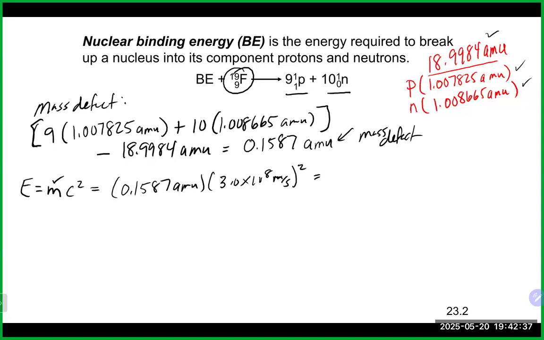I'm going to use a non-rounded number here. Questions on that so far? Yeah, c is a constant, the speed of light in this case.